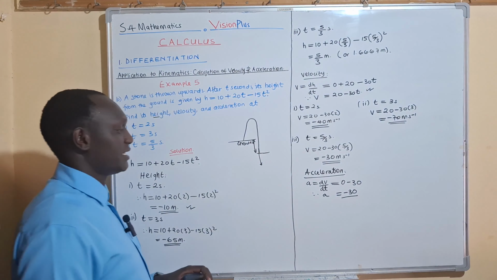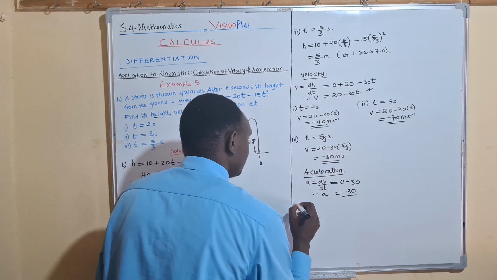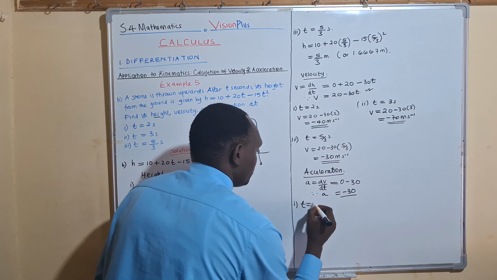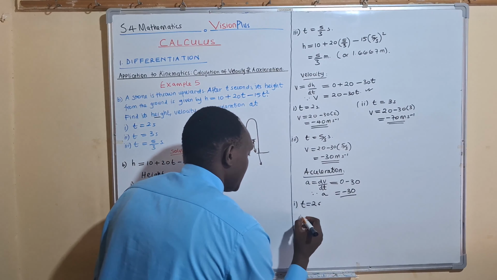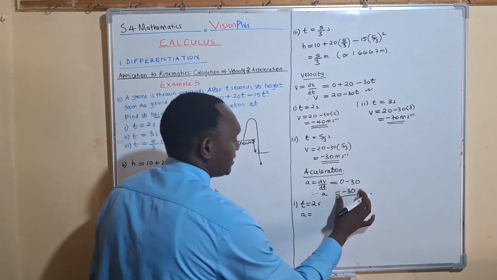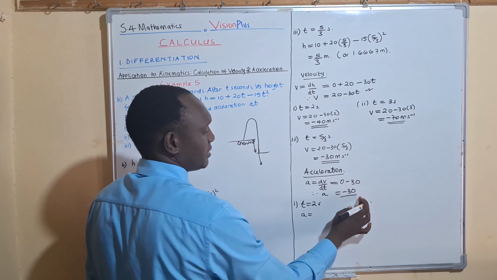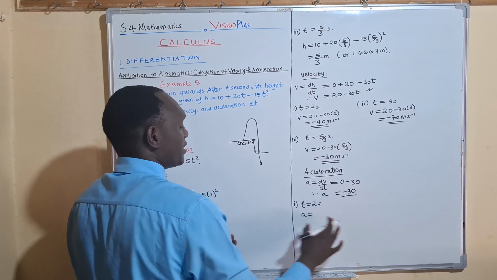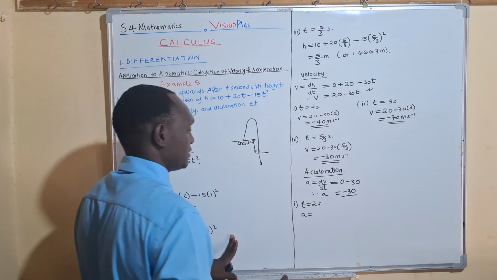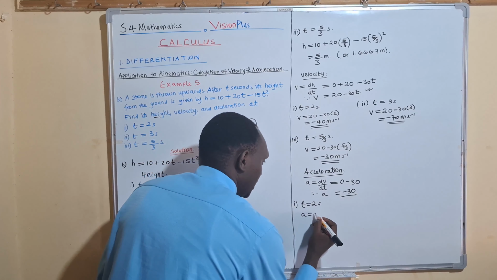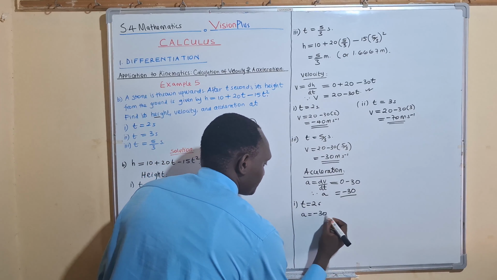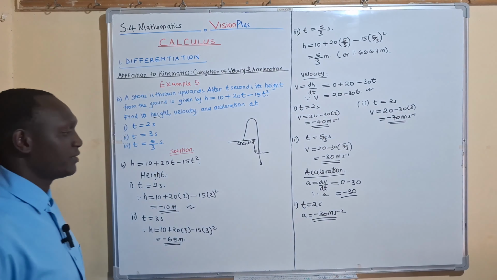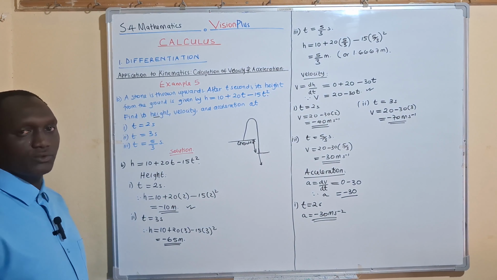Acceleration is negative 30. But now, what if our time is 2? When the time is 2 seconds, if you look here, acceleration is independent of time. There is no time in it. That means the acceleration is negative 30 regardless of what the time is. So here we shall have negative 30 meters per square second, and that is the answer when the time is 2 seconds.